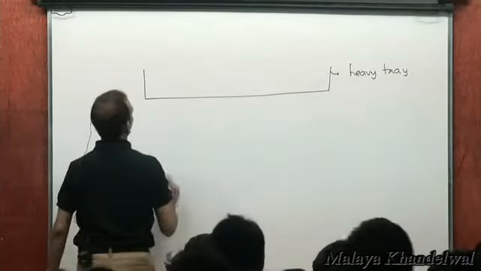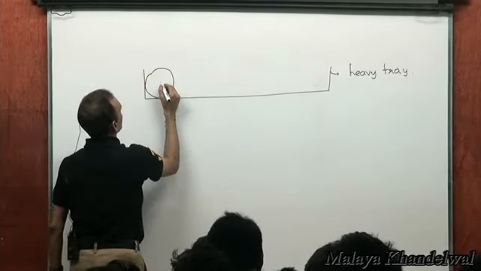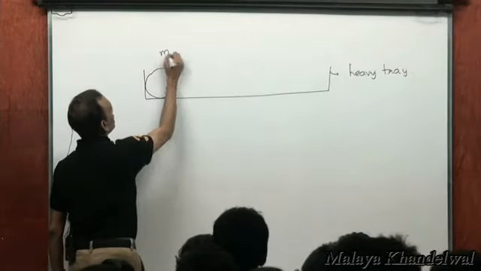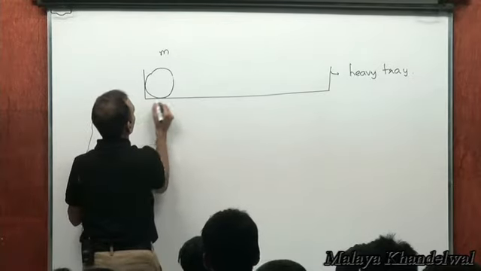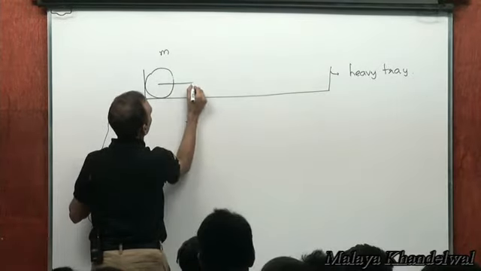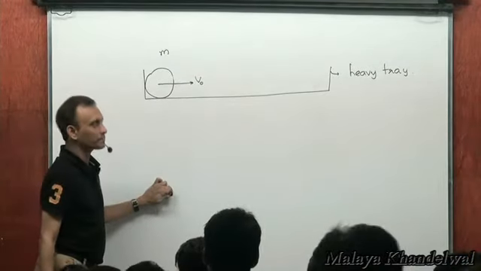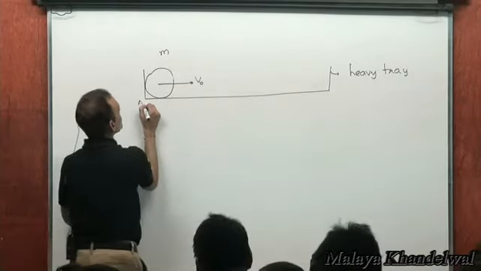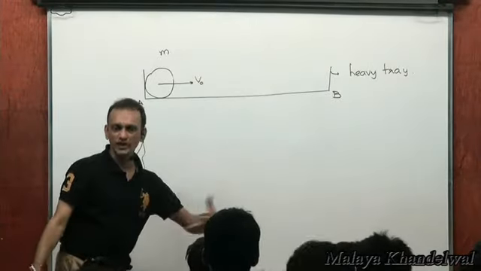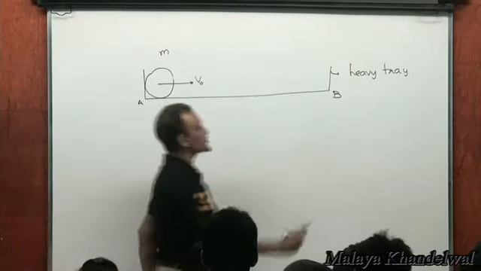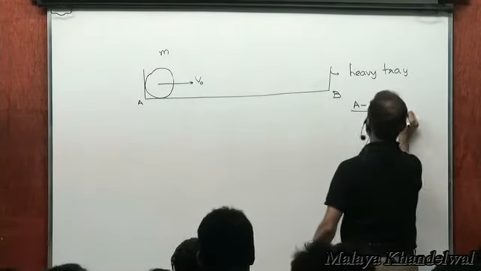And there is a ball, small m, whose mass is small compared to the heavy tray, moving with a velocity v0 like this. So it goes from A to B, it collides here and comes back to A. That's a round trip. A to B and back to A is a round trip.